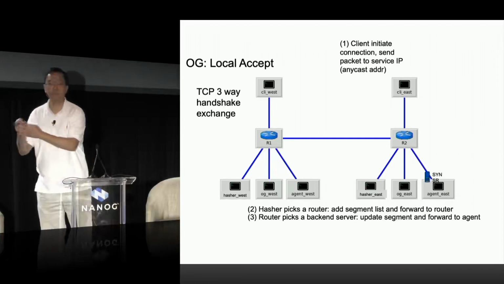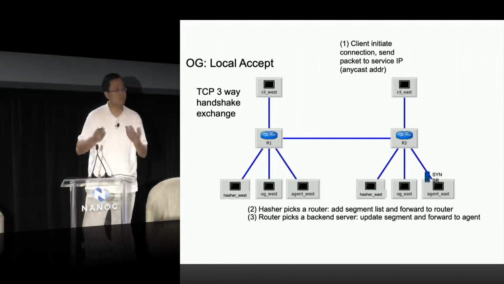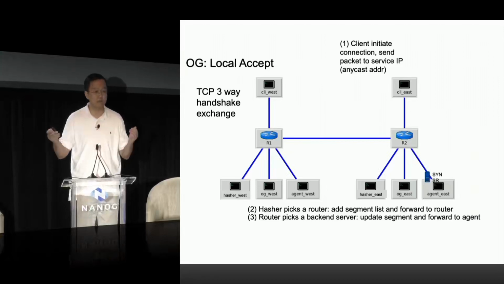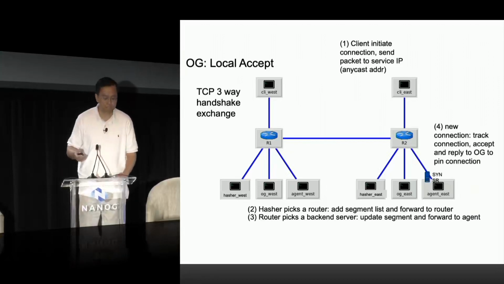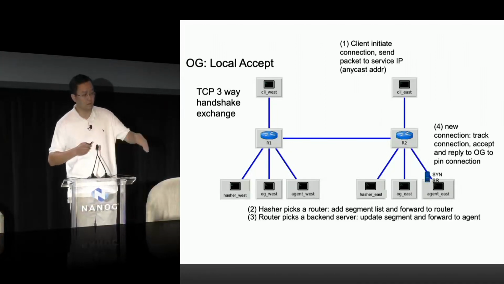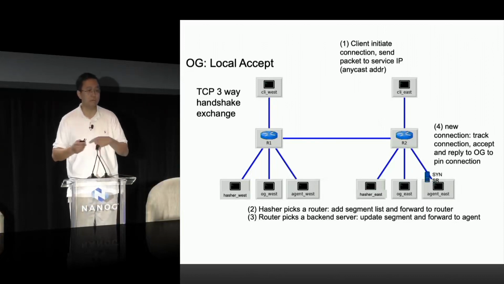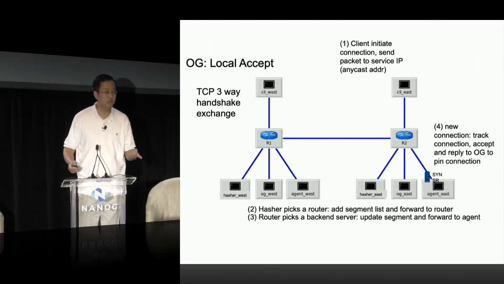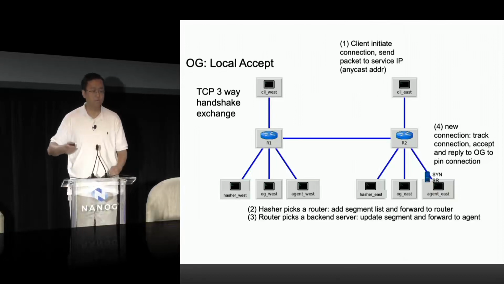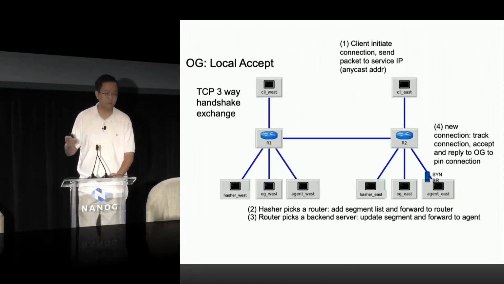Once the application responds, the same agent then will grab the packet and see, oh, this belongs to the flow that I've been tracking. So what it will do in this initial TCP three-way handshake, it will add a segment route to the response packet that will be sent back to the OG router, so that the OG router now knows, okay, for this flow, this is the backend server that I need to send a packet to.